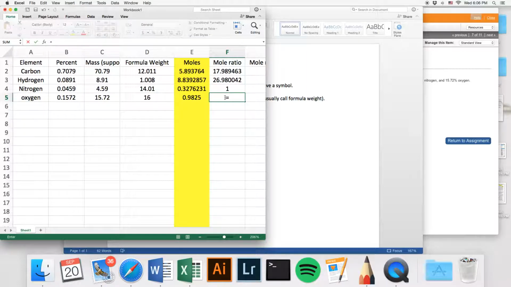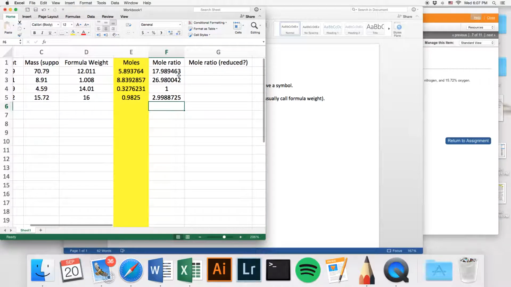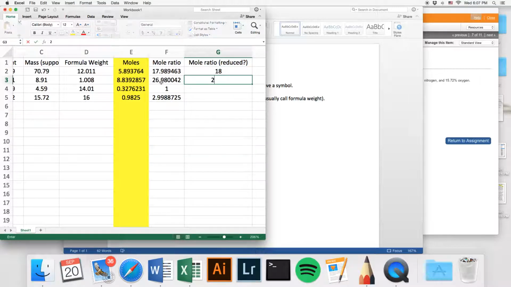And this is going to be this divided by this. Okay? So what are these numbers? Now let's reduce them or clean them up. What is that number? That's 18. What is this number? 27. That's 1. And what's this last one? Can you see it? It's 3.